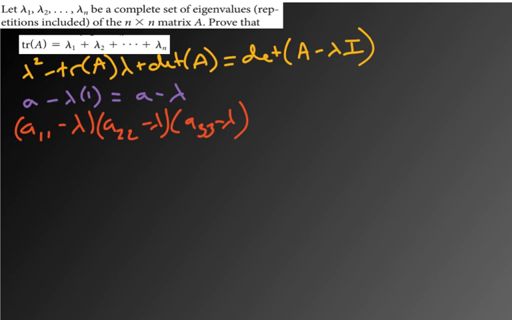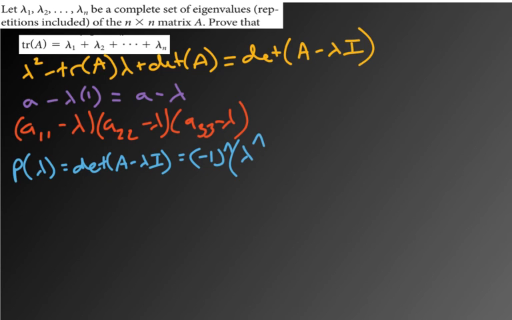So one thing that I'm just trying to argue here is that for these characteristic polynomials, there's an alternating sign that happens with it, okay? And they always would have a lambda to the n to start you off.